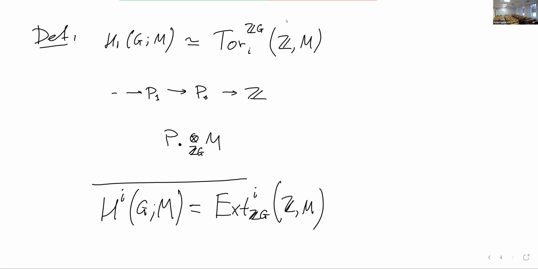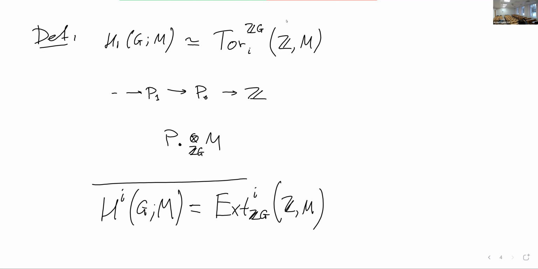Now, what about the Ext? There are two ways to proceed. If we want to calculate the Ext from something to something else, we could take the projective resolution of the source or an injective resolution of the target. And again, the results are isomorphic.